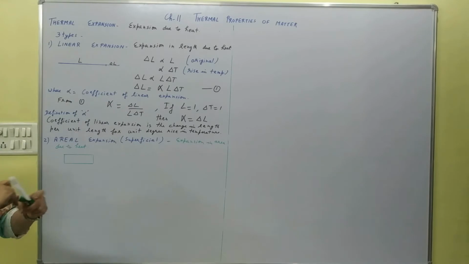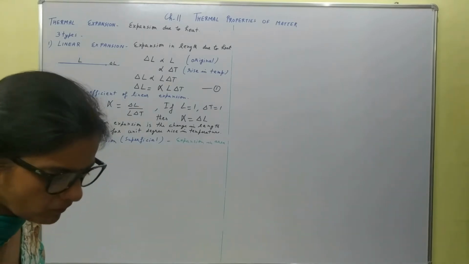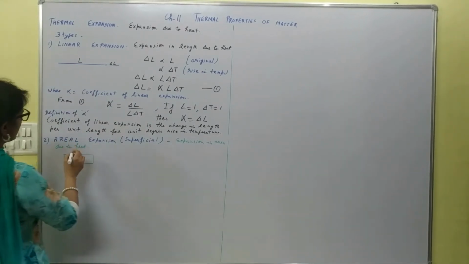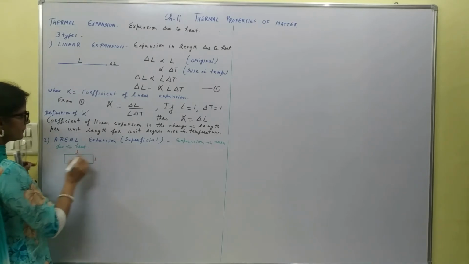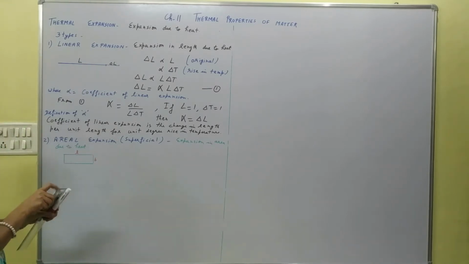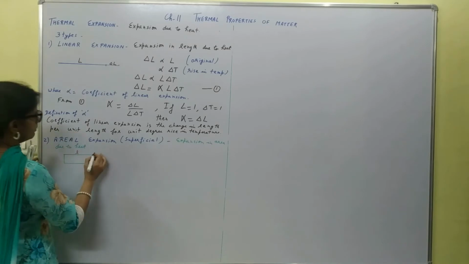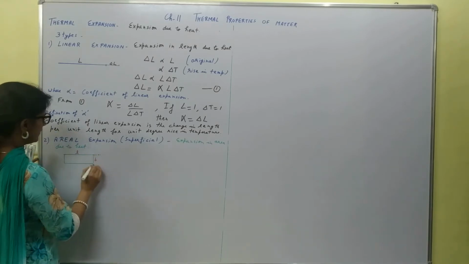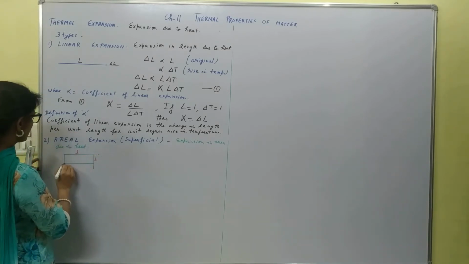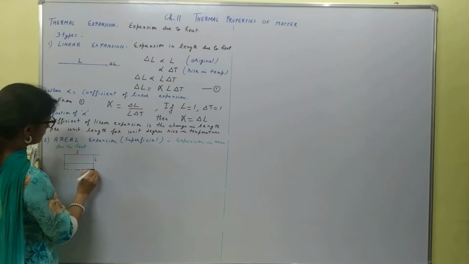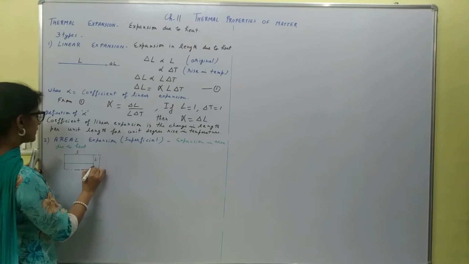So if we draw a sheet whose original length and breadth are, this is L, this is B, and on expanding L increases by delta L and B increases by delta B. So the final sheet becomes this, right?